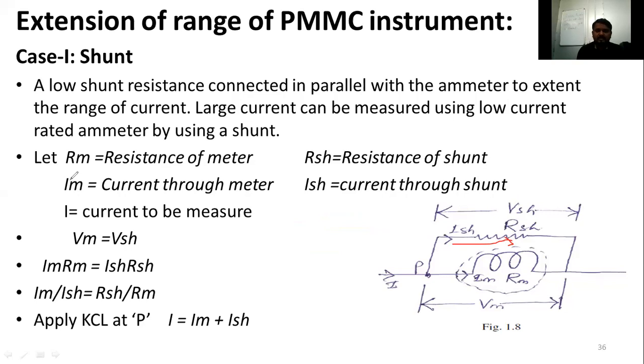So I will consider, as I told, this Rm is the resistance of the meter, ammeter, and RSH is the shunt resistance, and ISH is the shunt current.